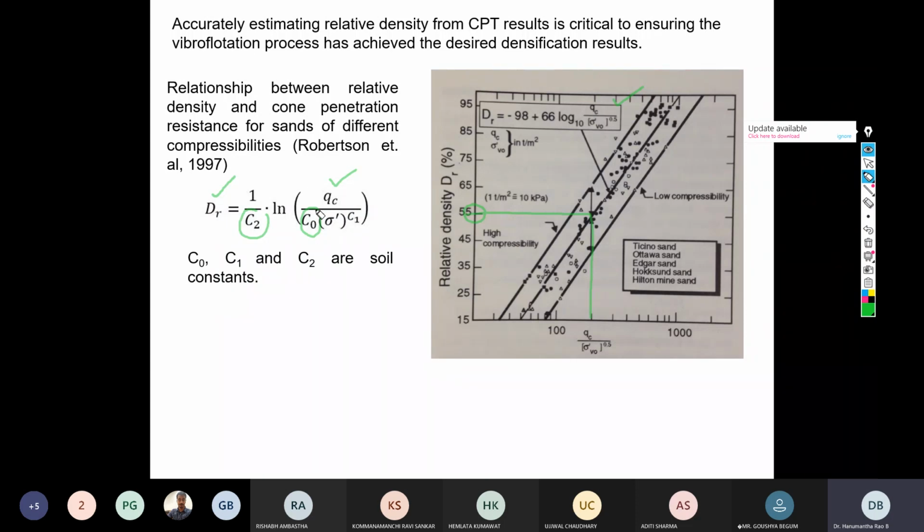If you are interested, these constants can be further correlated with, for example, the soil type or the gradational characteristics, and so on, depending upon the important parameter that influences the ground improvement. So people normally do such an exercise for modifying the empirical equations.